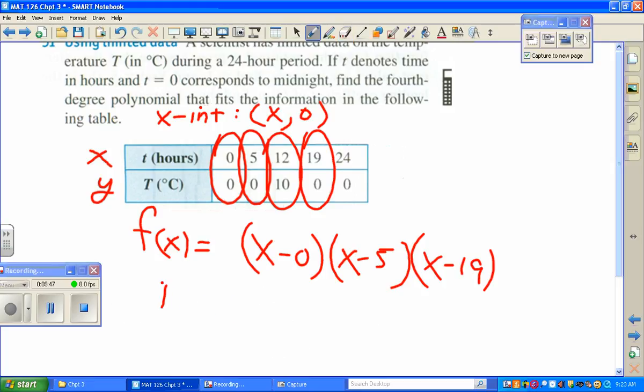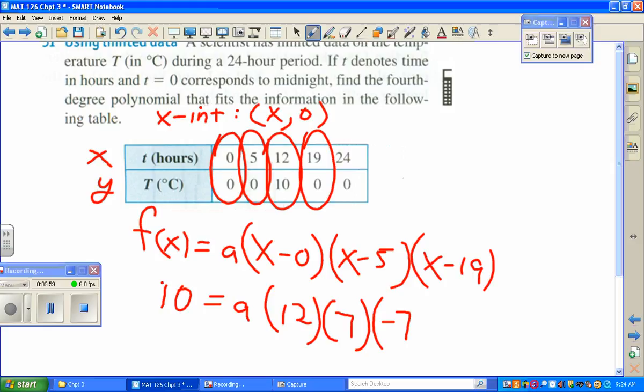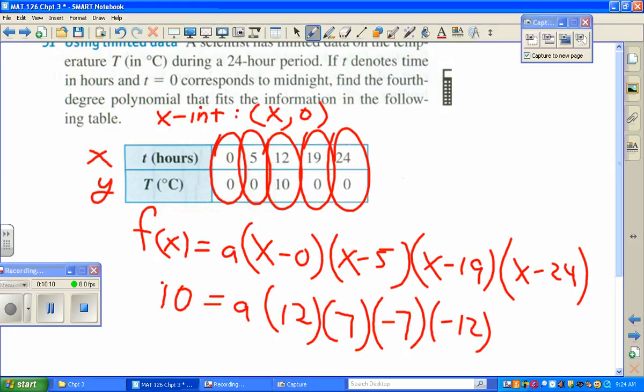I'm putting in 10 for y, and I'm putting 12 in for x. A times 12. There we go. 12 minus 5 is 7. 12 minus 19 is -7. All right, and the last one is 24. X minus 24. 12 minus 24 is -12. All right, so this one's used to find A, and the other ones are the x-intercepts.